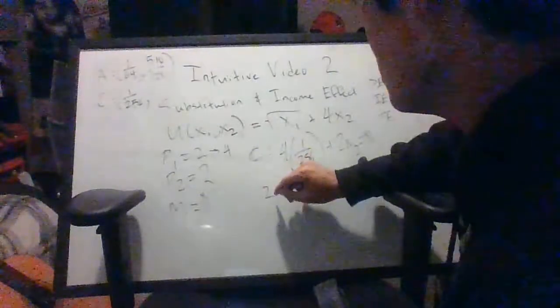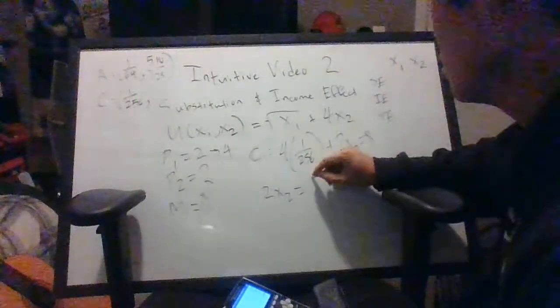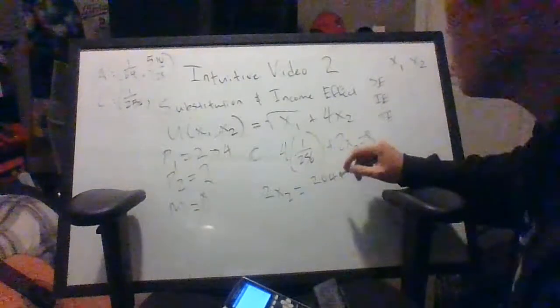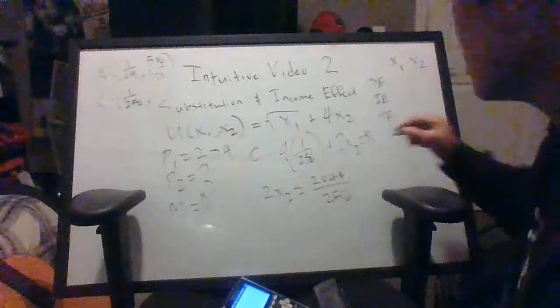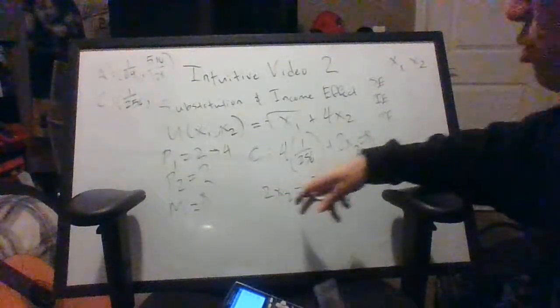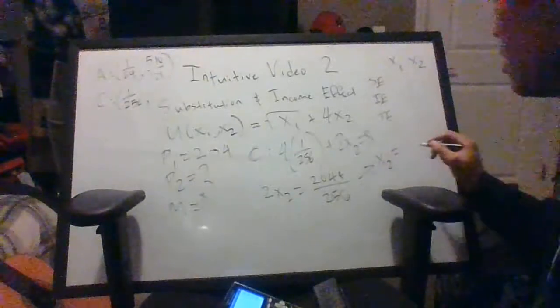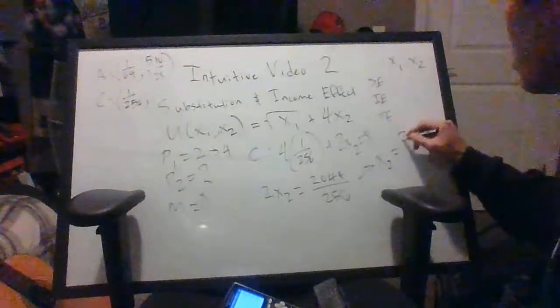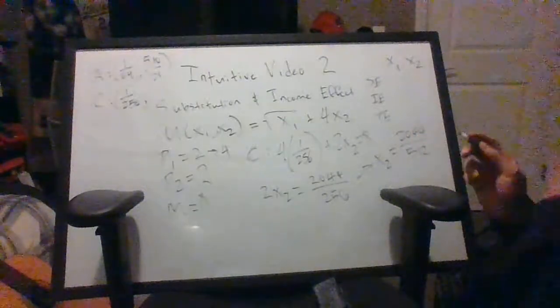But what you end up with is 2x2 is equal to 2044 over 256. Again, you divide through by 2, and you get that x2 in this case is equal to 2044 over 512. Okay? And so 2044 divided by 512.